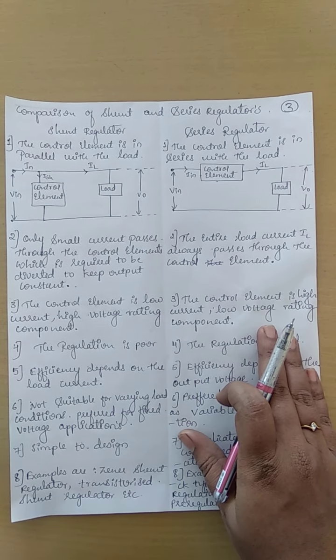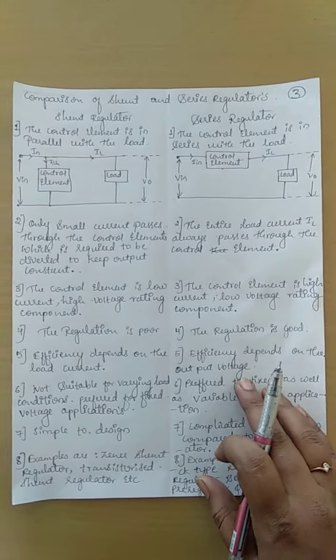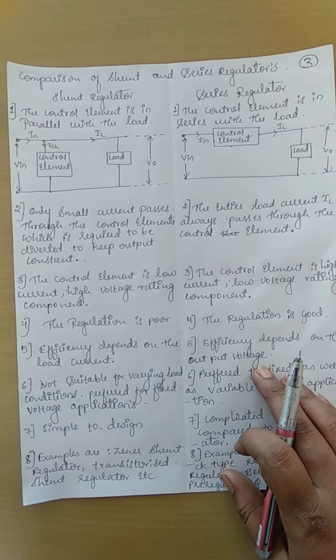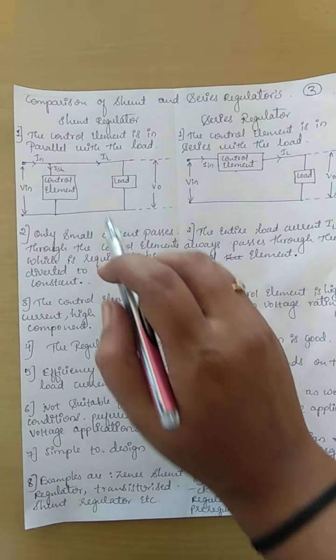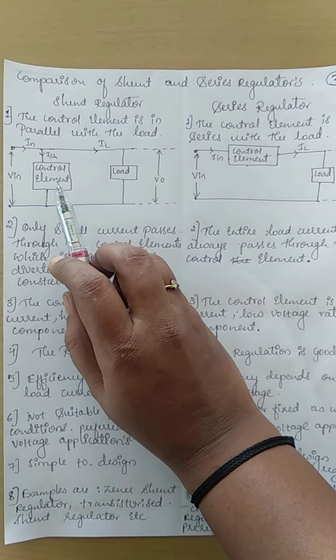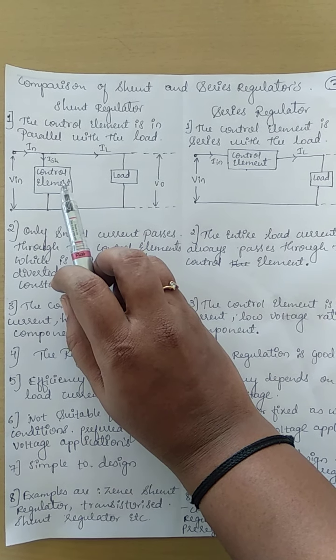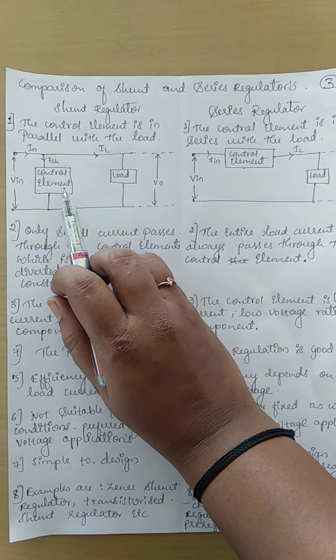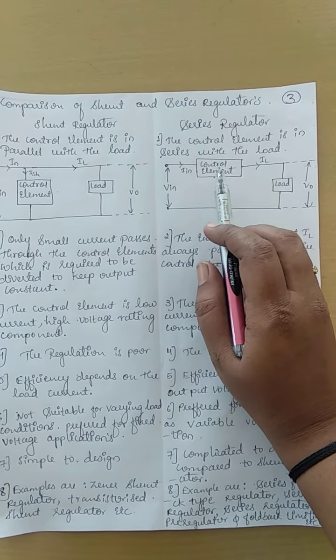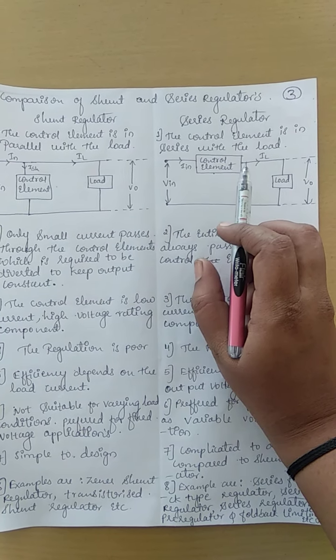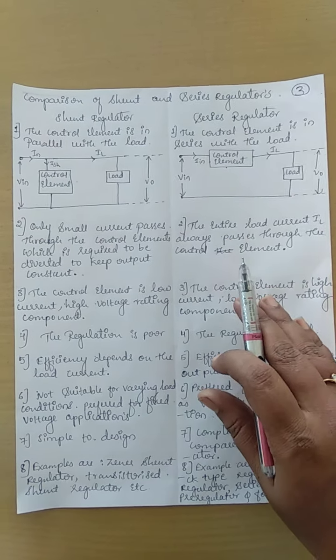Next is the comparison of shunt and series regulators. First, the shunt regulator. In the shunt regulator, as I said, the control element is connected to the load in parallel, so it is called a shunt regulator. In the series regulator, the control element is connected in series with the load, so it is called a series regulator.